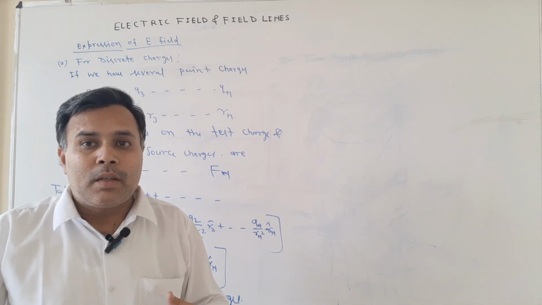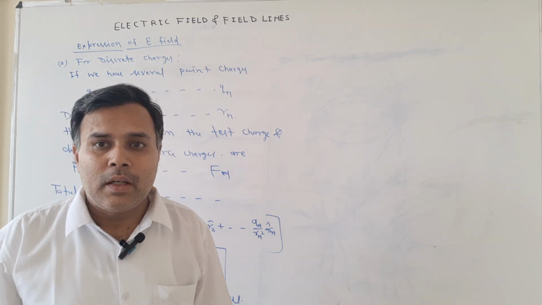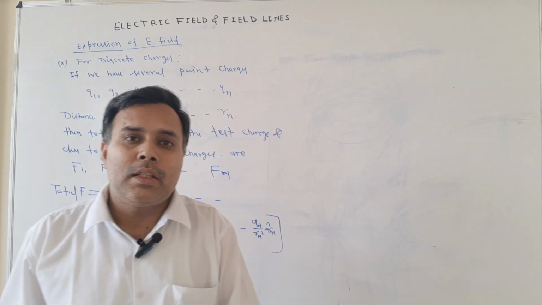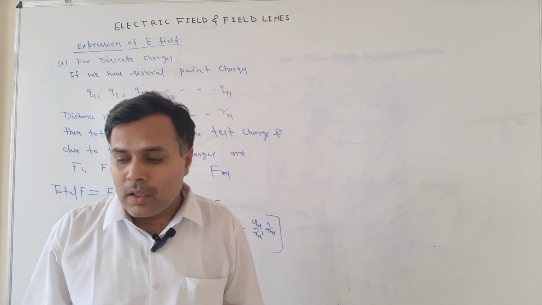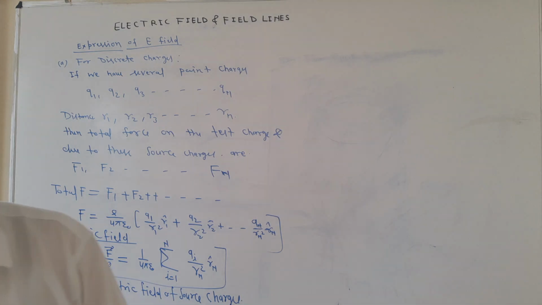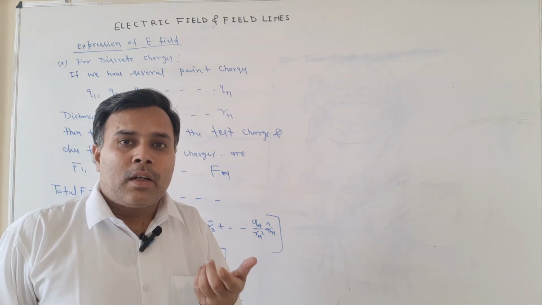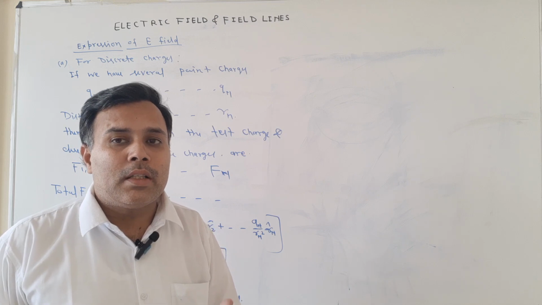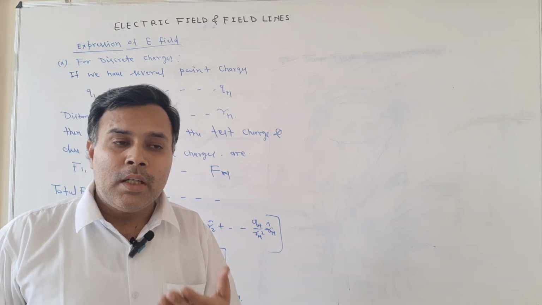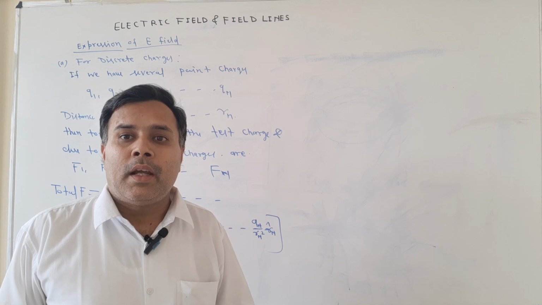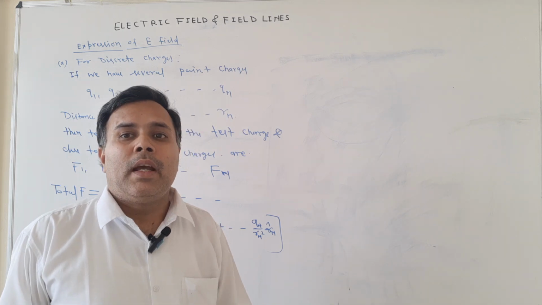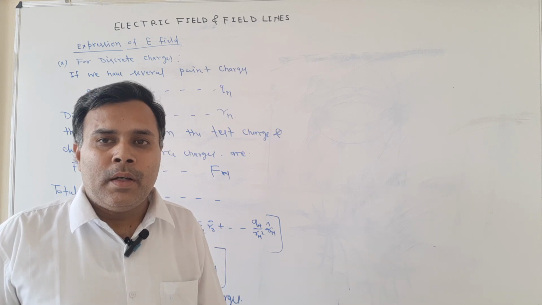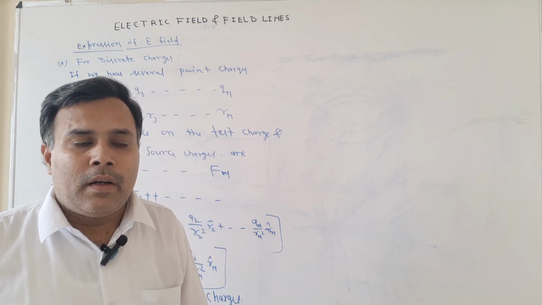But what happens if the charge is not discrete? If the distribution of charge is continuous, for example, if the charge is distributed along a wire, along a surface, along a volume, then we have a different profile of electric field.